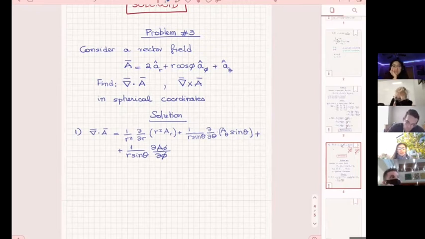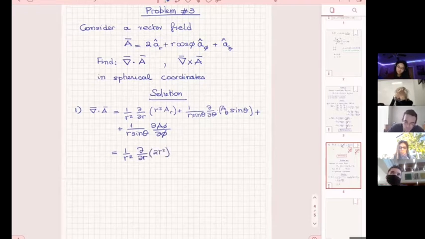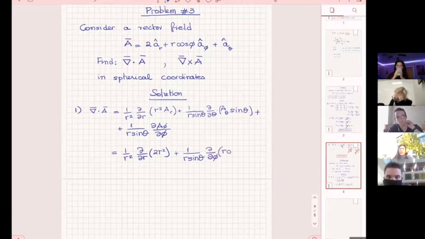So A sub r is 2r. So let's look at that. This is going to be 1 over r squared, partial with respect to r of 2r squared, plus, this is r cosine phi, so it's going to be 1 over r sine theta, partial with respect to phi of r cosine phi.